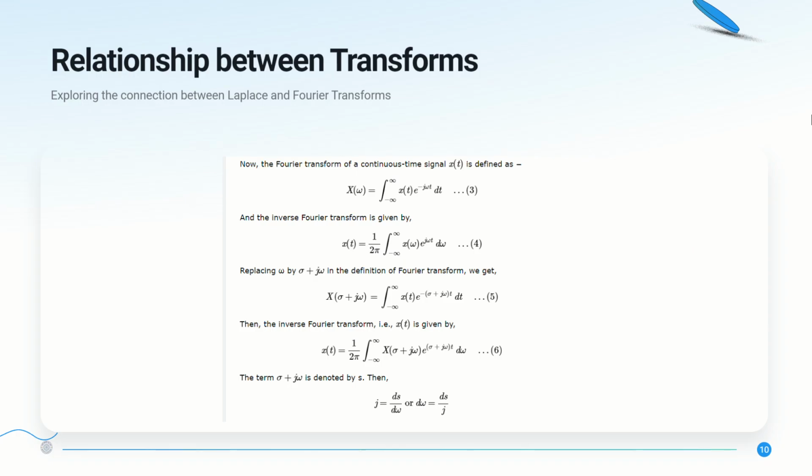Now we are replacing omega by sigma plus j omega. This will change the inverse Fourier transform into x(t) equal to 1 by 2 pi integral from minus infinity to infinity X(sigma plus j omega) e to the power (sigma plus j omega) t d omega.